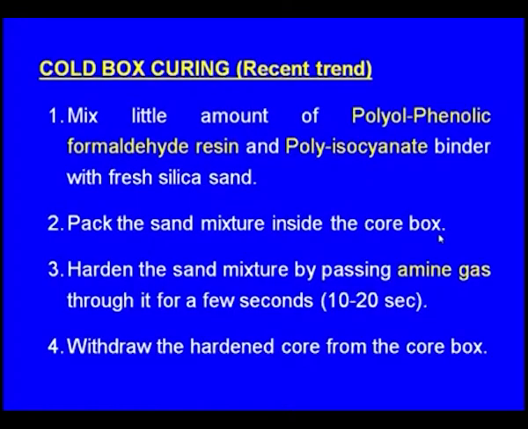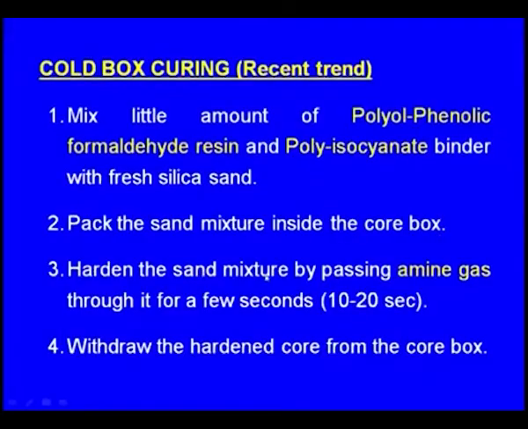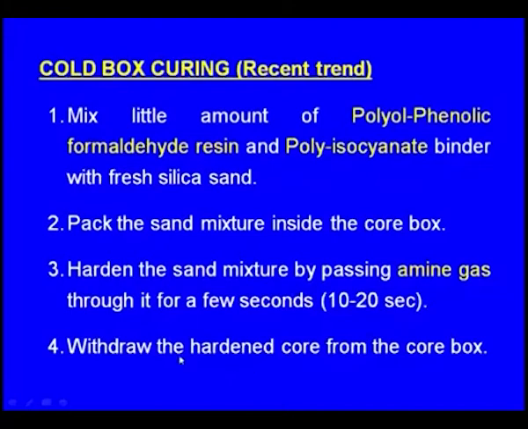Into that we have to pack this mixture. We need not apply excessive pressure. Next one, harden the sand mixture by passing amine gas through it for a few seconds, maybe 10 to 20 seconds, then it will be hardened. Withdraw the hardened core from the core box, then the core will be kept inside the molding box.